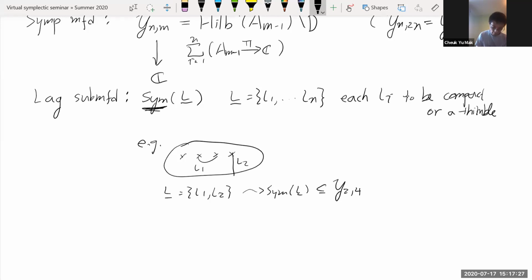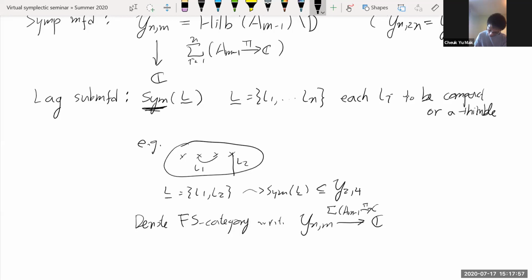And we are going to consider these Lagrangians as our objects in the corresponding Fukaya-Seidel category with respect to the map above. We will denote this category by FS(Y_{n,m}).